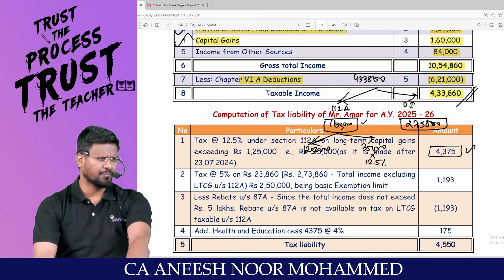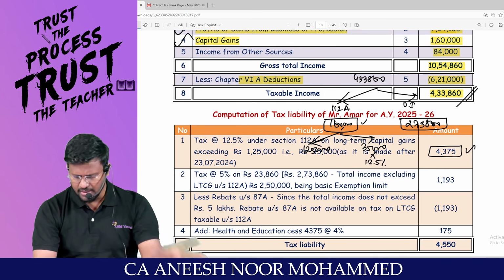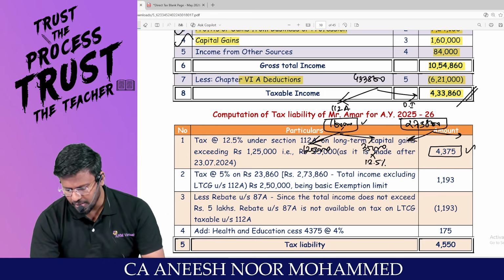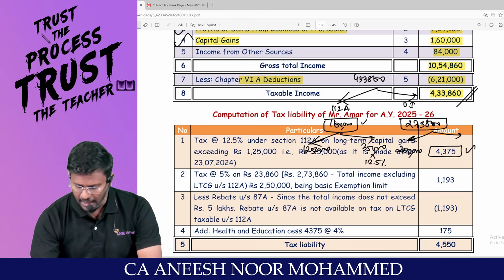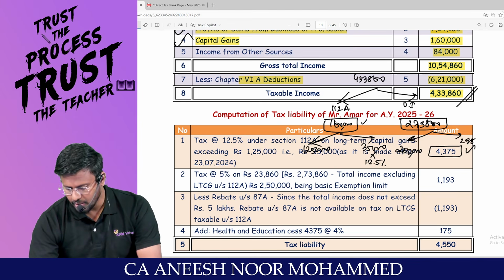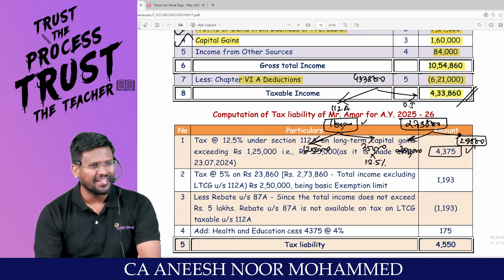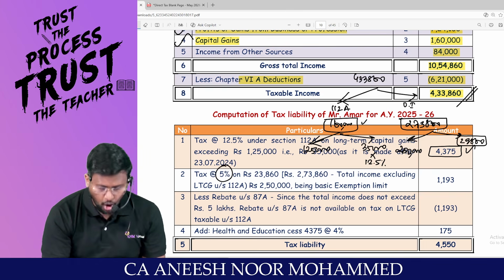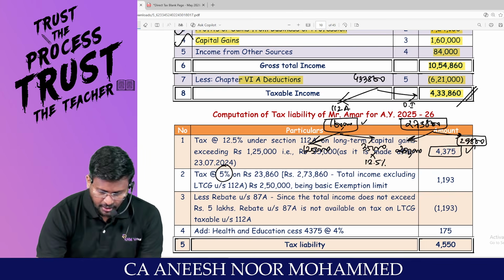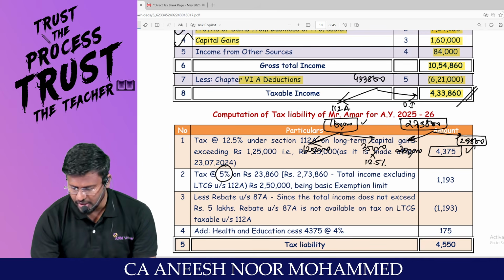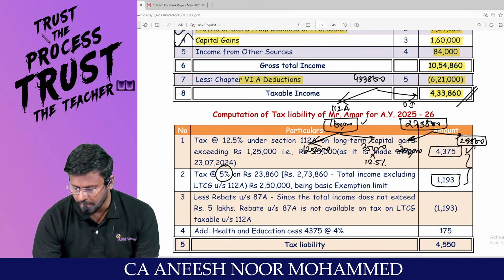What is my age? 58. So 2,50,000 is nil. So this 2,73,860 is classified into two categories, 2,50,000 and 23,860. This 23,860 will be taxable at the normal 5% tax slab. Am I right? So 23,860 into 5% comes to 1,193, my dear lovable students.